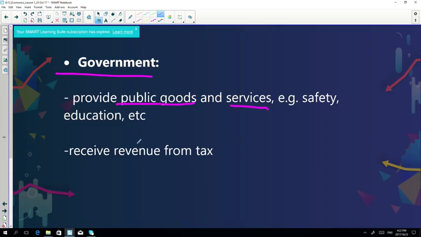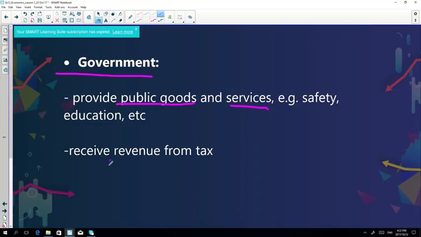So without public schools and the police services that we have, we will have difficulty as businesses. So it's important for us to acknowledge the important role that government plays in the providing of public goods and services. And then government receives revenue from tax.